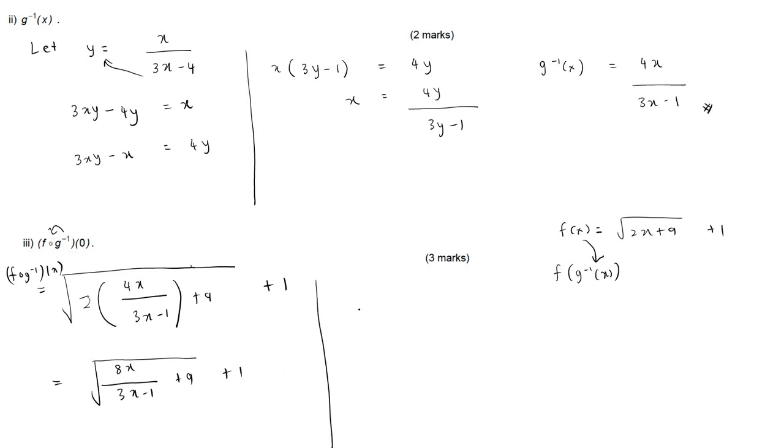Okay. But the question 1, F composite G inverse 0. So originally what we find here is F composite G inverse X. Now F composite G inverse 0.